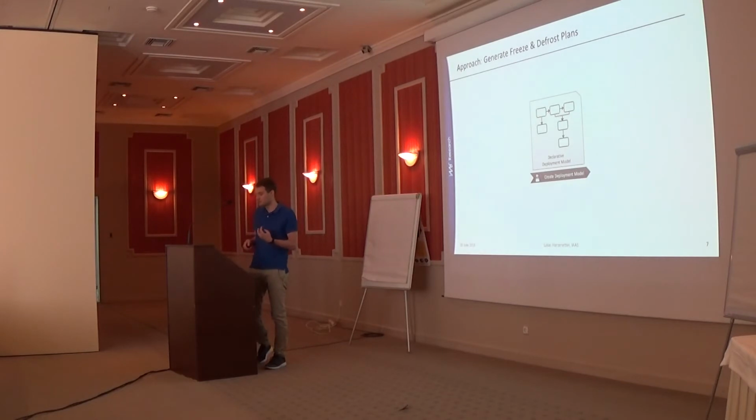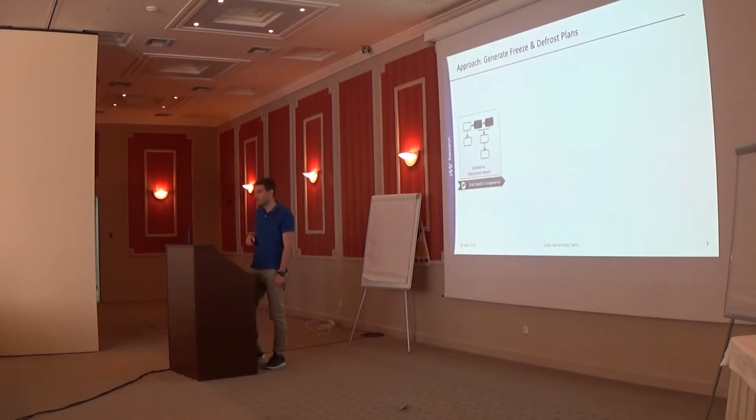But how is it going to work? The approach in more detail. As I just said, we manually create a deployment model. Then we have to find the stateful components in the deployment model and annotate them, using a type deployment model.